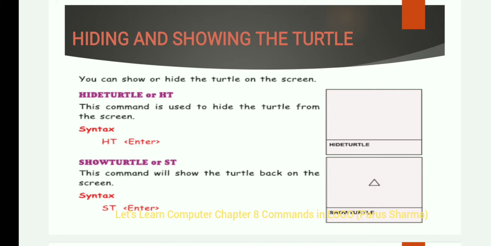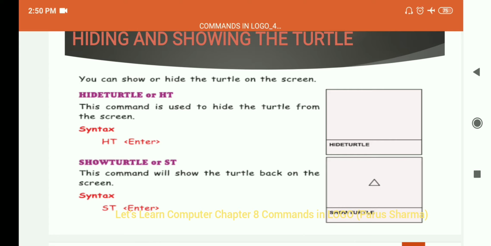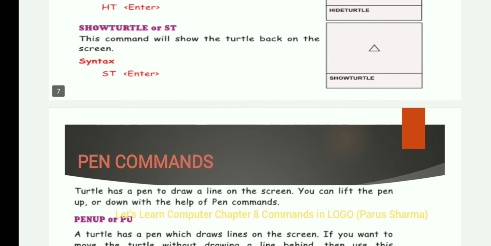Then if we want to show the turtle again after making your drawing and hiding the turtle, you can write ST or show turtle in the command input box to show your turtle.